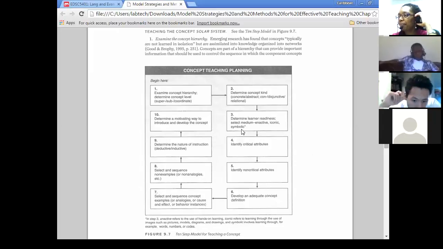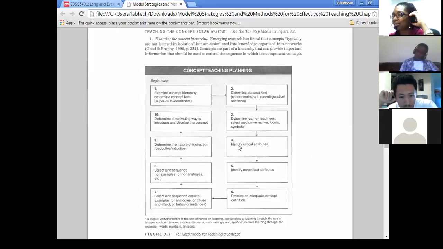How will they represent it? All right? And then you ask yourself some questions. What exactly do they want to know? What is an atom? What is homeostasis? What are the critical attributes if I'm going to speak to students about assimilation?